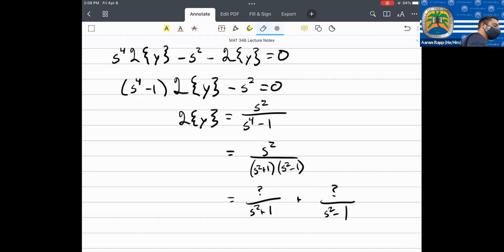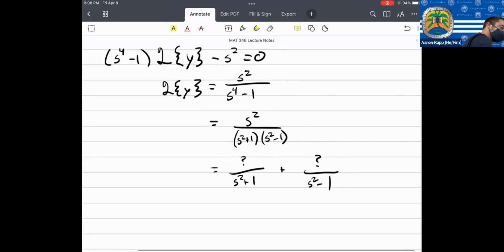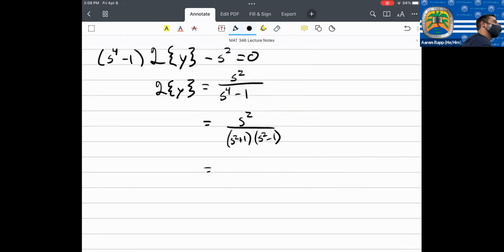S squared minus 1, can I factor that down any further? Well, I can't factor out -1, but I'm talking about breaking that quadratic down even more. S plus 1 times s minus 1.